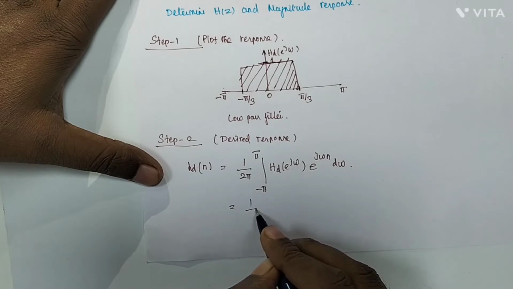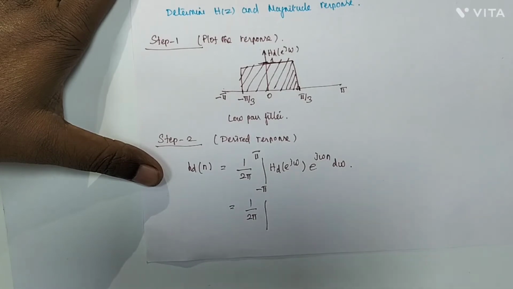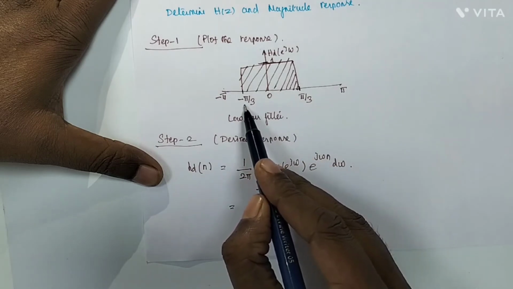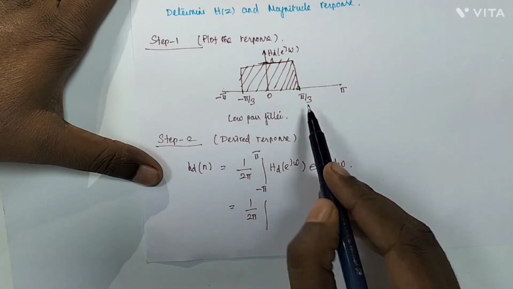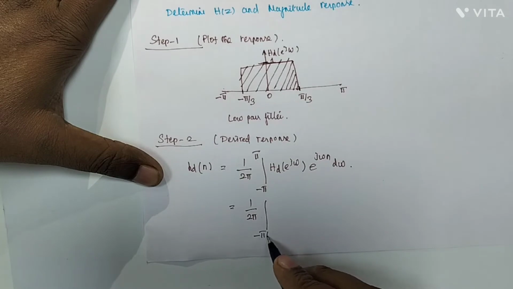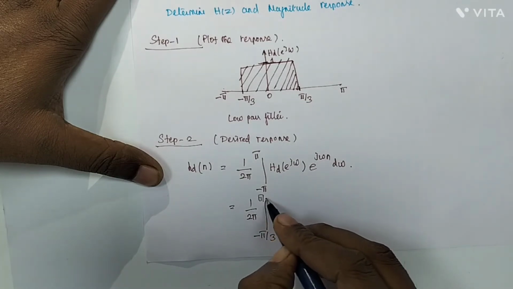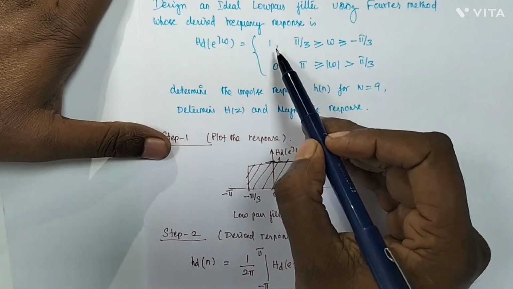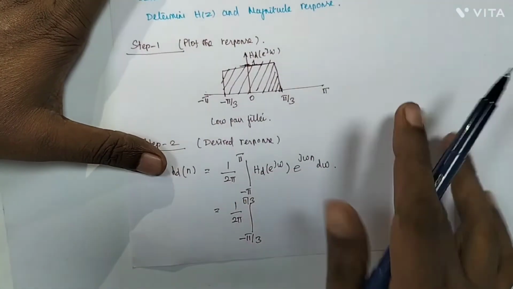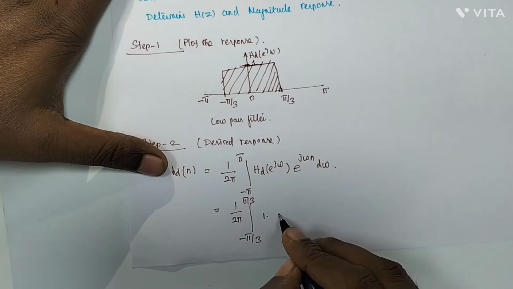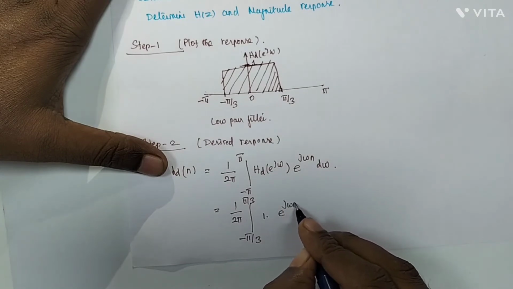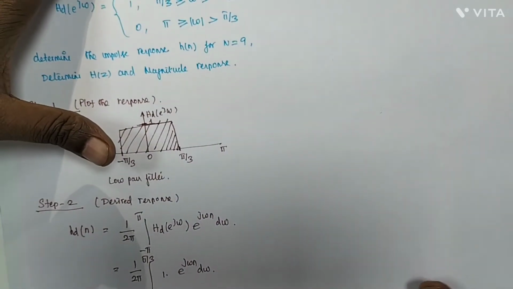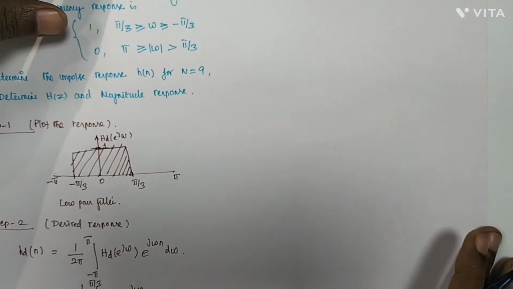1 by 2 pi, here the response is between minus pi by 3 and plus pi by 3, and Hd of e power j omega value is 1. So 1 into e power j omega n into d omega. And do the simple integration process.